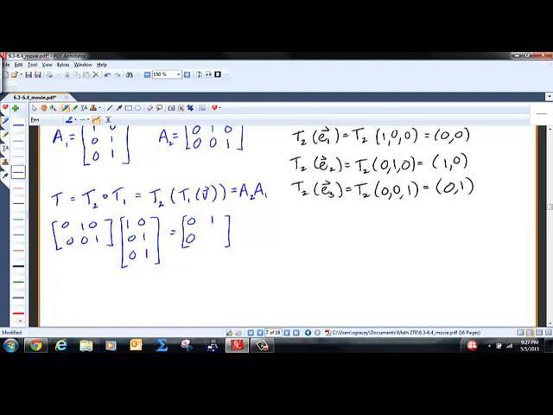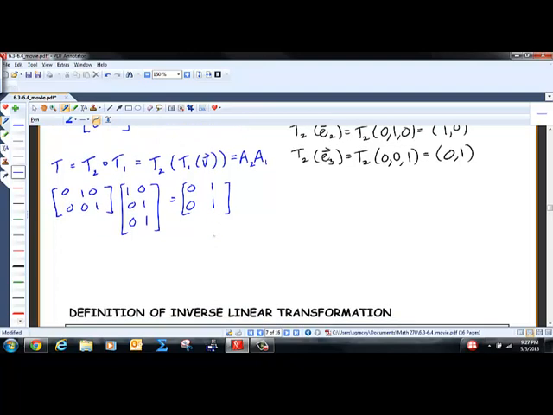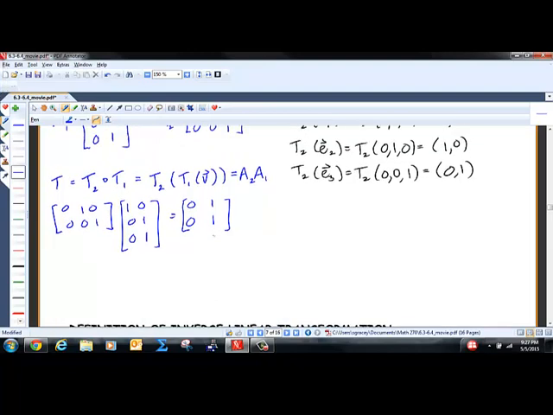And then 0 times 0, 0 times 1, and 1 times 1, we'll get 1. All right? And so that is our answer for the first one.